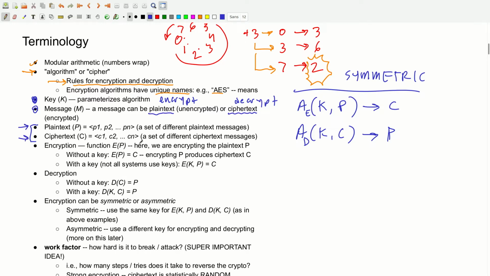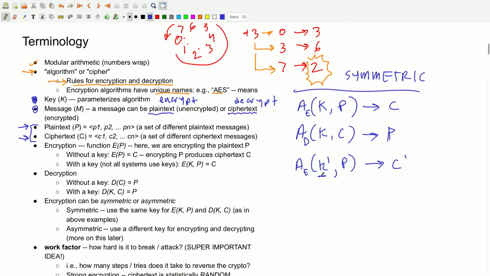All right. So again, plain text here and ciphertext here. These are just sets of messages, sets of different plain text messages, the things that you want to send. Ciphertexts are the set of the encrypted messages, right? So any plain text with a given key is going to have a particular ciphertext that comes out of it. Now, in this example here, if I did encryption of A with a different key, I'll call this key prime, and the same plain text, I will get a different ciphertext out, okay?